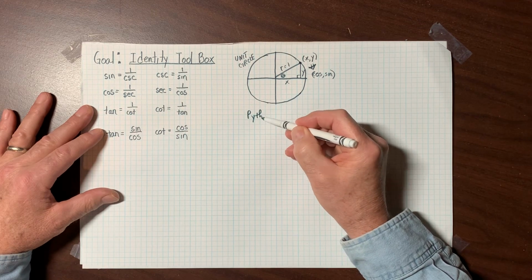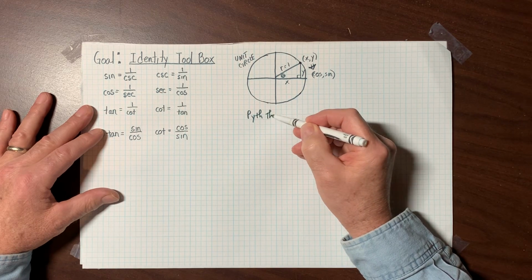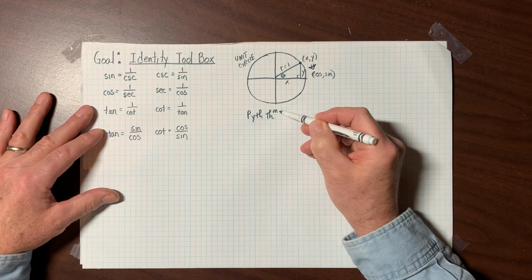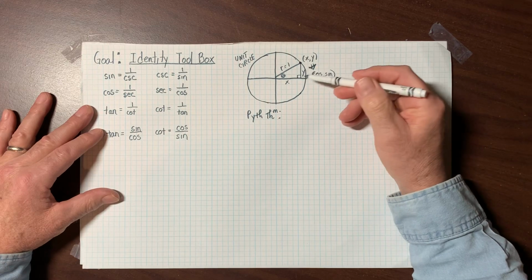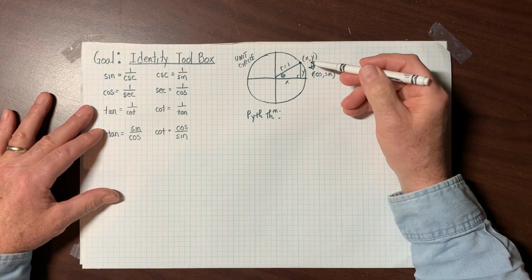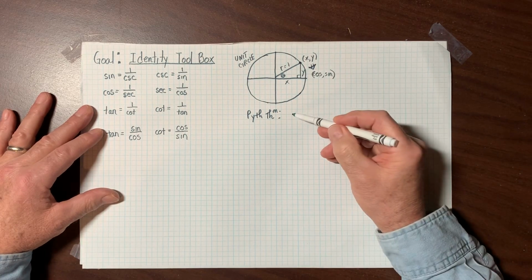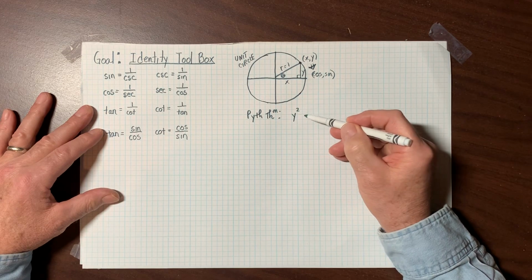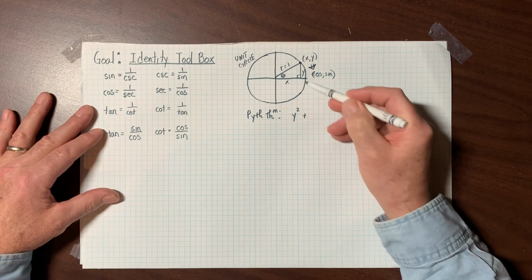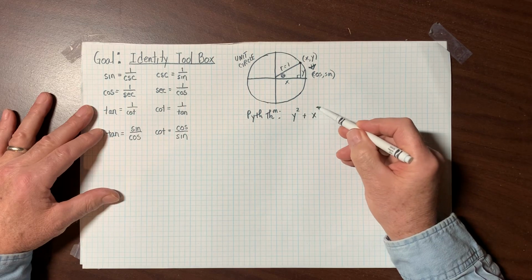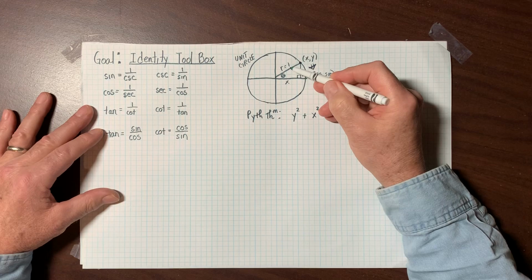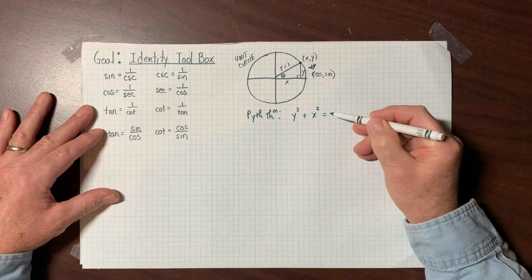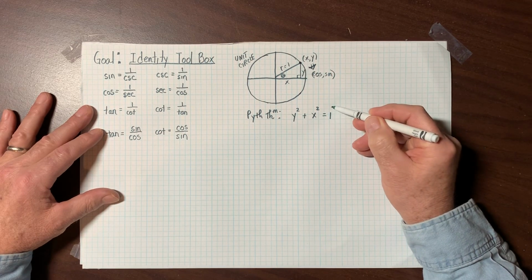If you would apply the Pythagorean theorem in this situation, instead of a squared plus b squared equals c squared, you could say that y squared plus x squared, those are the 2 legs, would equal the hypotenuse squared. But the hypotenuse is 1, so that would equal 1 squared.